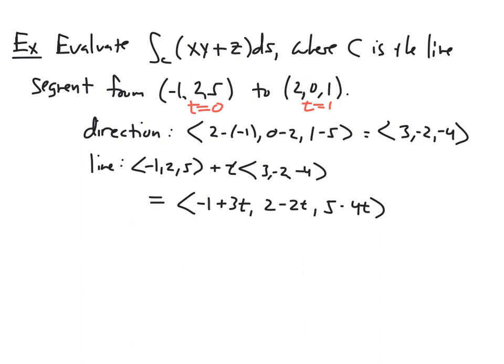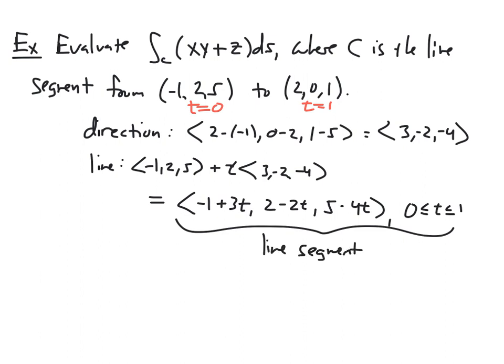And so the segment between these 2 points is going to be given by this parameterization by adding on the requirement that t range from 0 to 1. And so this becomes the parameterization of our line segment, which is exactly what we wanted. So this is our line segment C. It's the same parameterization as the line, we just restrict our domain to be between 0 and 1.